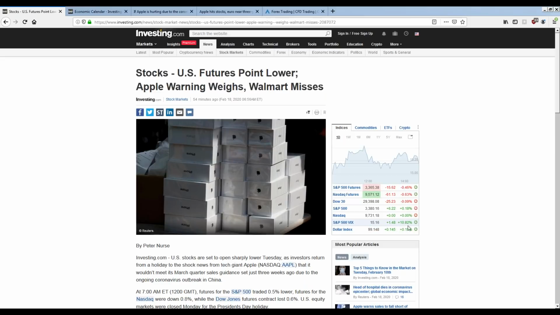Volatility is up over 10% on the VIX index. That's sometimes referred to as the fear index, meaning gold has probably a likelihood of having climbed today as well when we look at the volatility index being up nearly 12%. So this snapshot shows fear in the market, futures turning red, volatility index way up, over 11% climb, 11.5% climb.